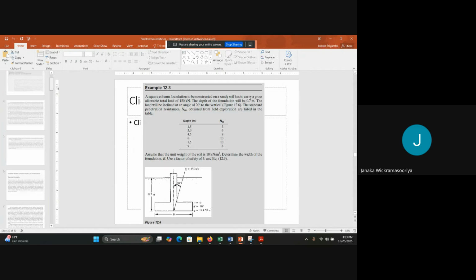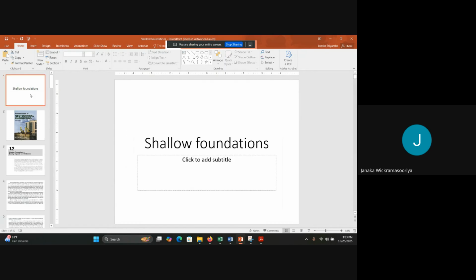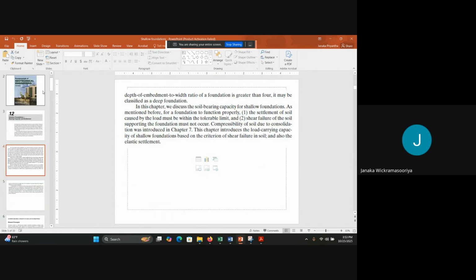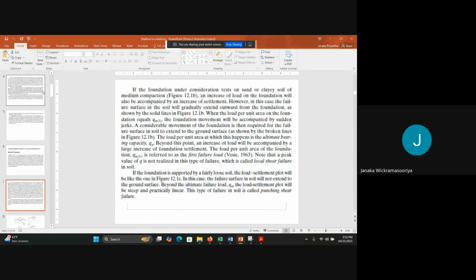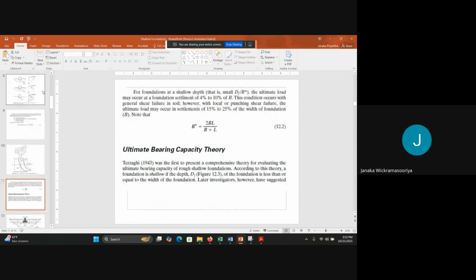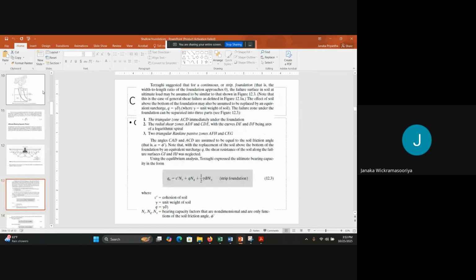Shall we just quickly go through what we have done today? Shallow foundations. This is the book, and we discussed so many concepts. Ultimate bearing capacity, and this is the equation that we use.